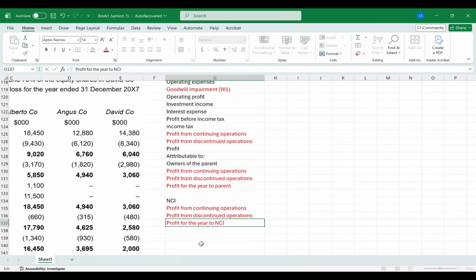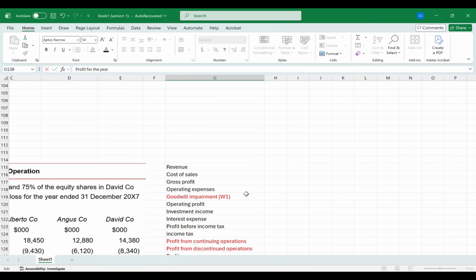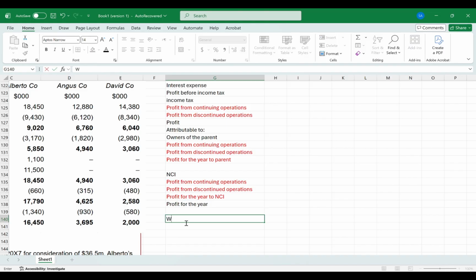Then we have profit for the year. Okay. Now after this we'll be going to workings.